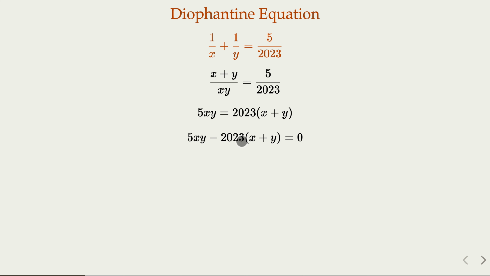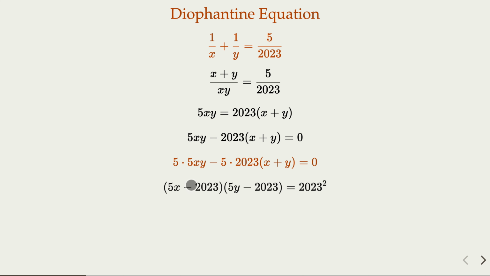So the trick here is to multiply this equation by 5, so that you have 5 times 5 and then 5 times this one. So this one is easier to factor, that is 5x and 5y. And here you have 2023, so that the cross term is going to be 5 times 2023, right? And there's an extra term that is 2023 squared. So you move it to the right.